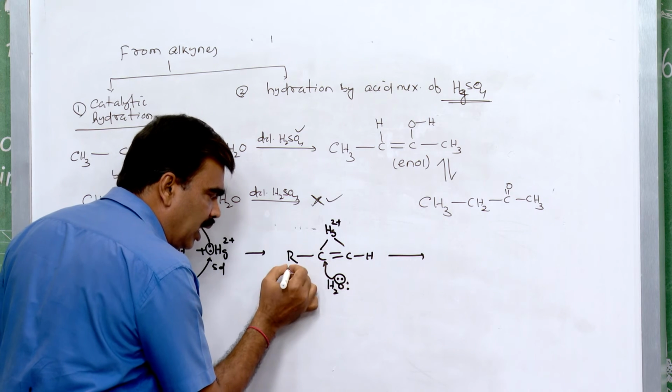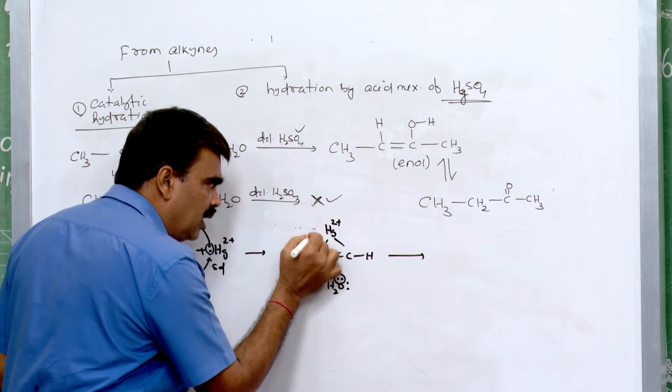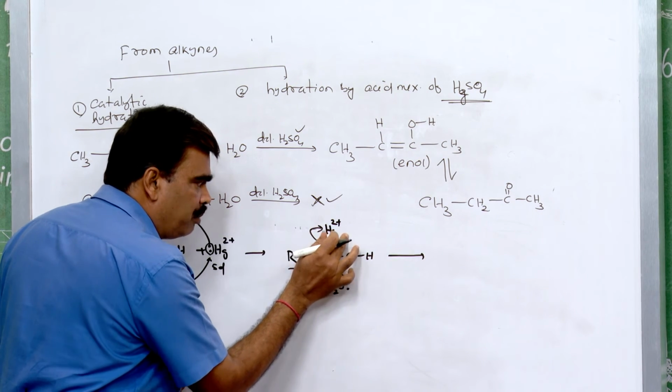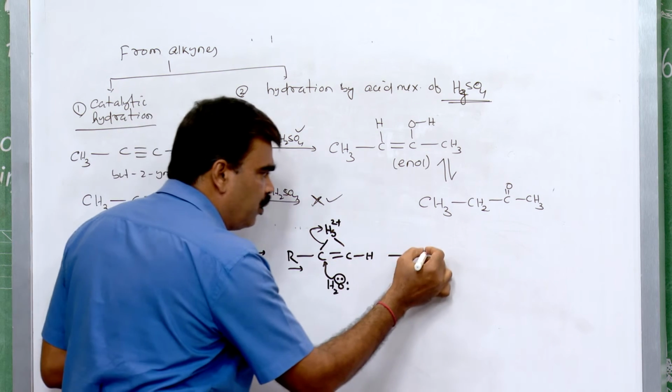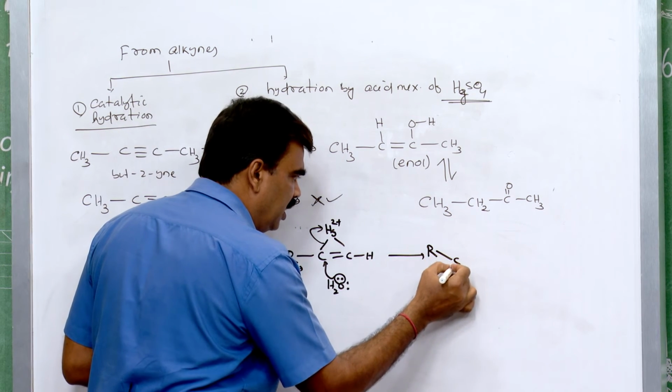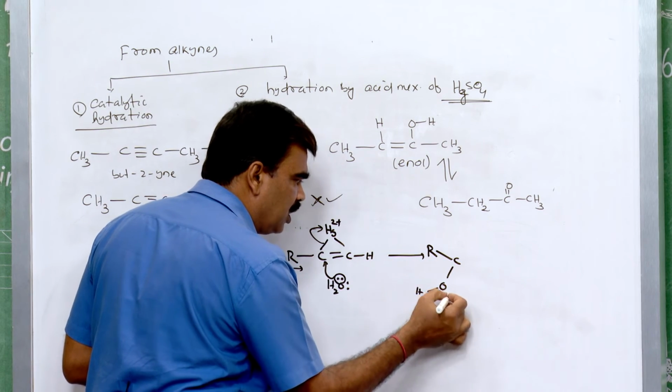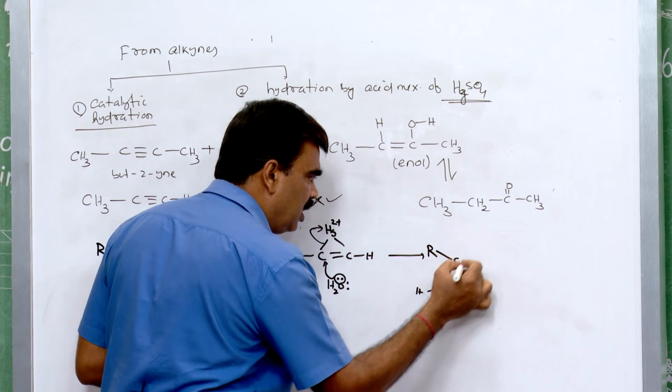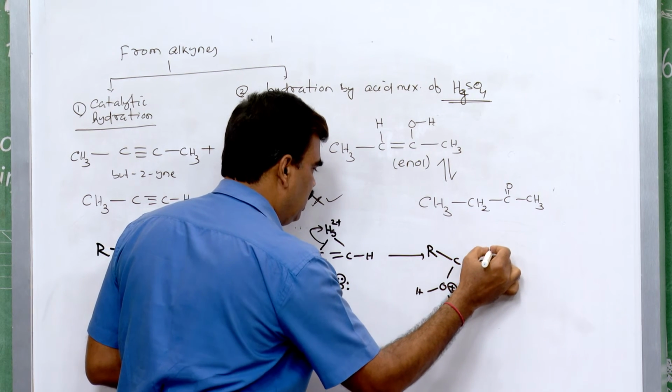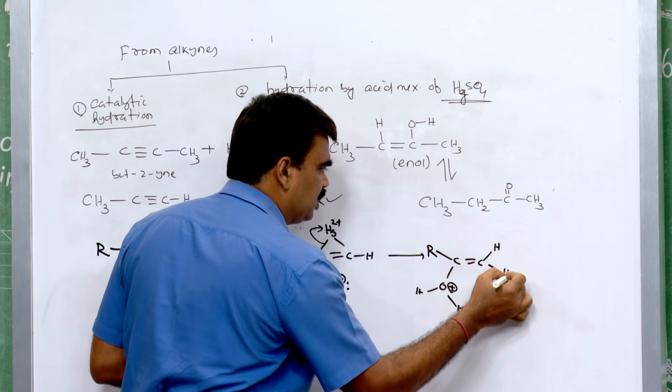From this side, where R is present, it attacks, and this makes a bond with this one, and this bond breaks, and we get an intermediate like this C, here O, H, you have a plus over here, and this is your double bond C, here you have H and Hg plus.